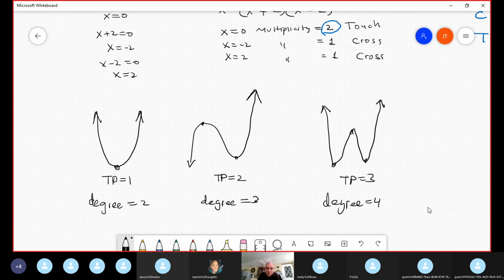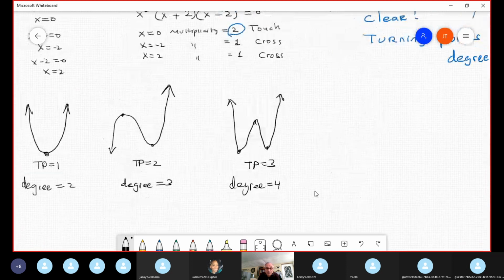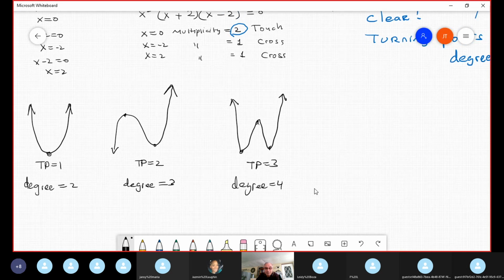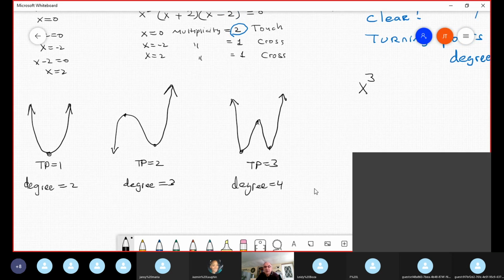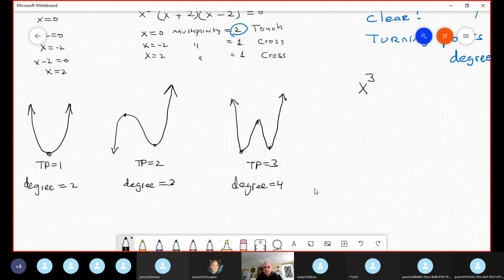Because we have some particular cases. For example, the elementary cube function. You know that the graph looks like that. No, sorry. Look like that. So we have no turning point.